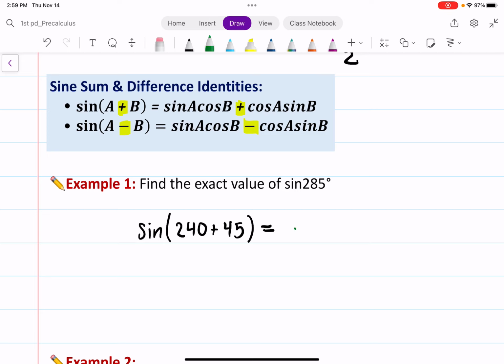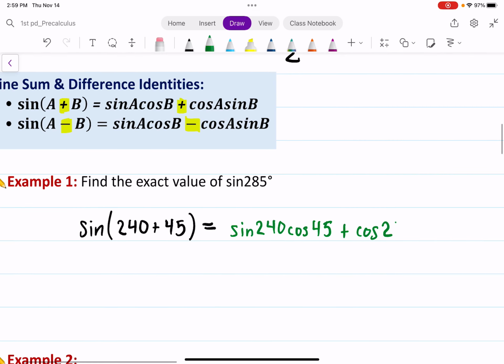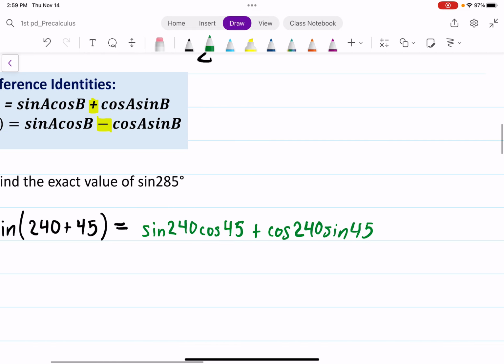All right, so sine of 240 cosine 45 plus cosine 240 sine 45. And now you do the same thing.